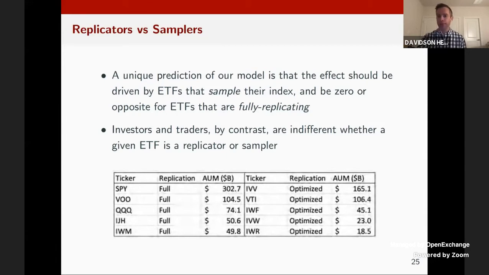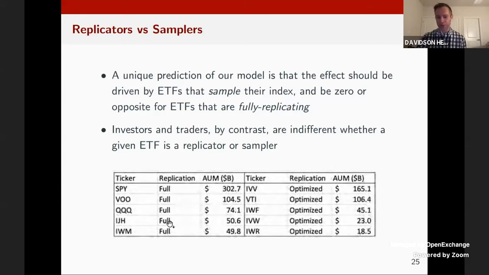Okay, now there's a little bit of an asterisk here that we have to worry about, which is that the fully replicating ETFs tend to be very large, and they tend to track highly liquid, large cap indexes: SPY, VOO, QQQ, IWM.